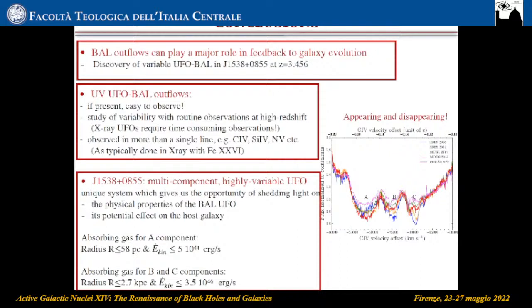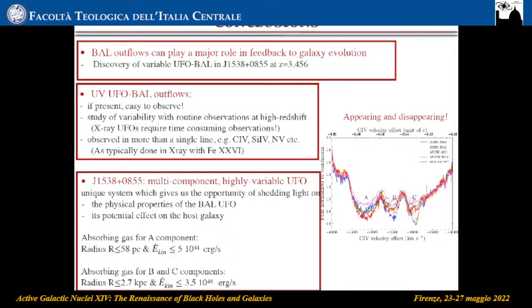And J1538 is a very unique system because it has a multi-component, highly variable, and also a hybrid scenario which can explain such variability. So it gives an opportunity to understand what is the physics behind these outflows, and so the potential effect on the host galaxies.